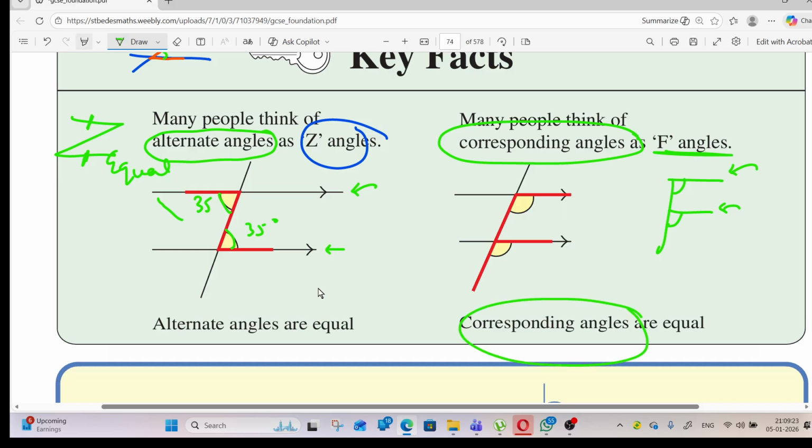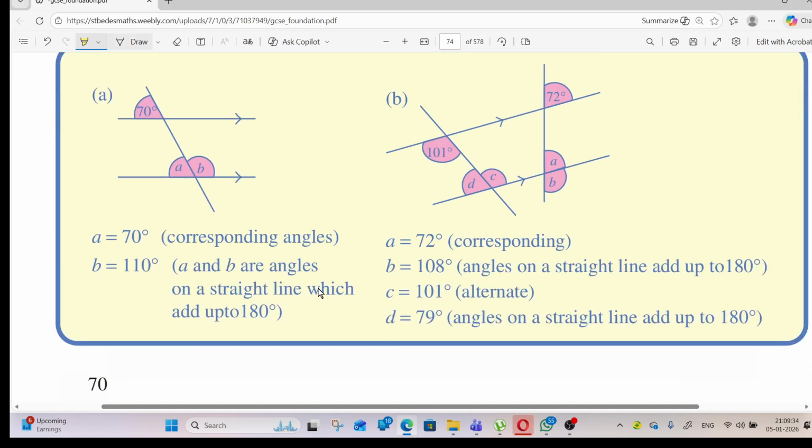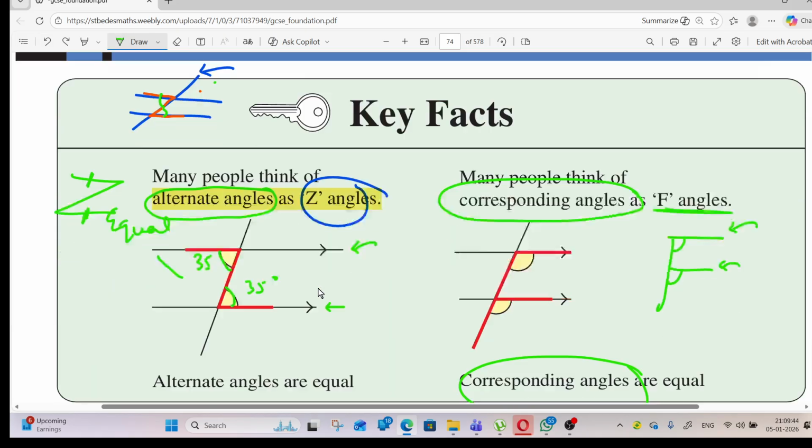So you can remember Z as alternate, F as corresponding, and they both are equal. Like here, A and 70 are corresponding to each other, so they are going to be equal.